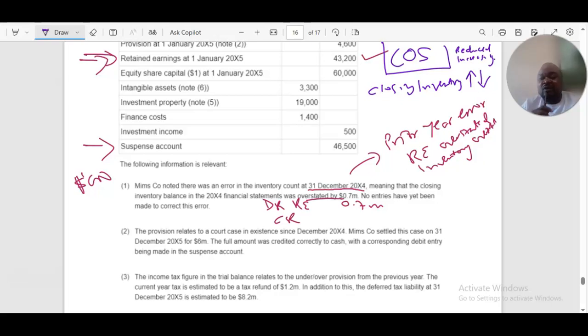If cost of sales are increasing, it also means the profits are reducing.